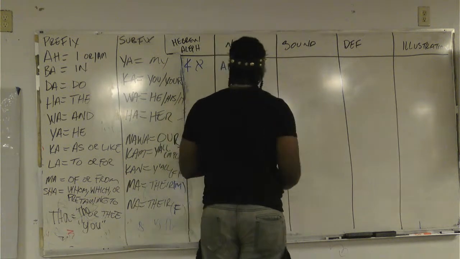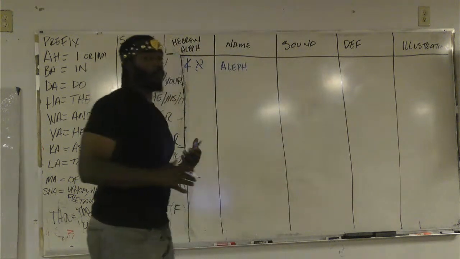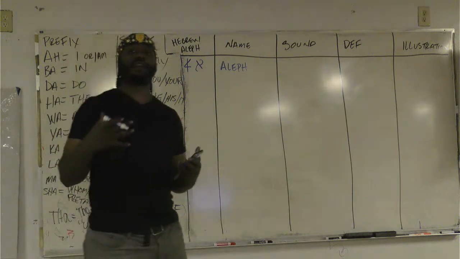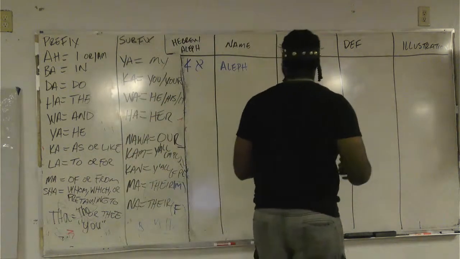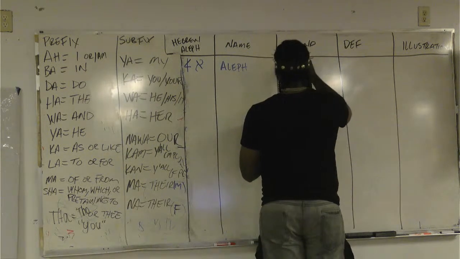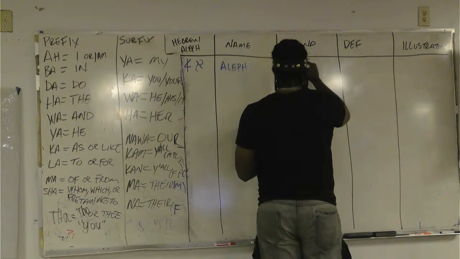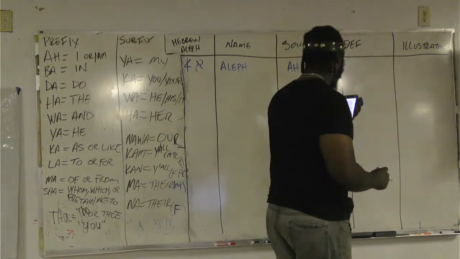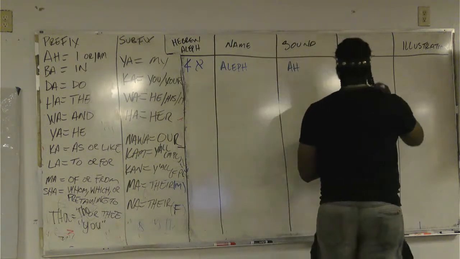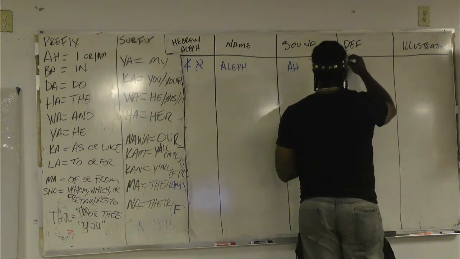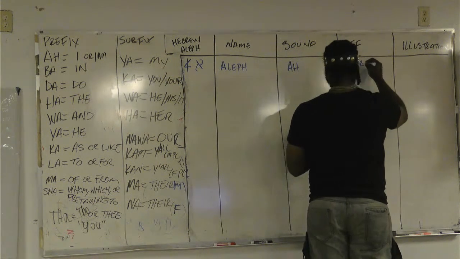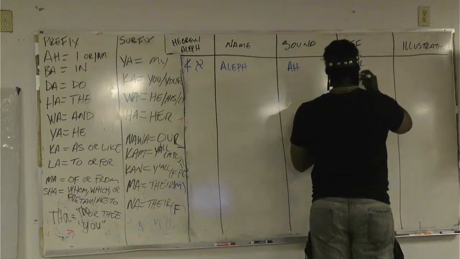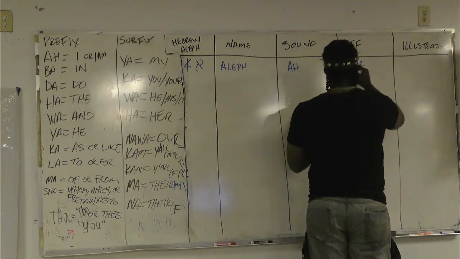But when we teach it, we just teach the sound to help you out phonetically. So what sound does it make? The Aleph makes ah. All right. The definition of this alphabet is power or authority.